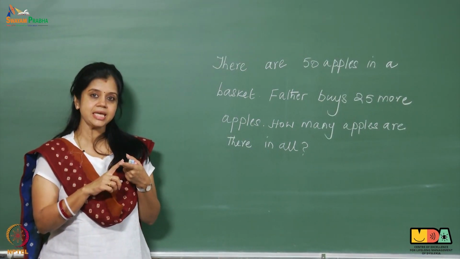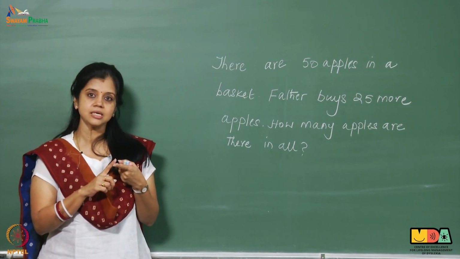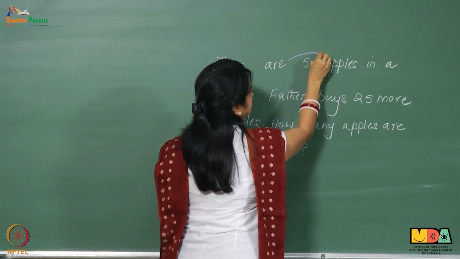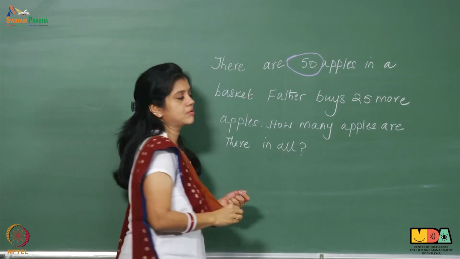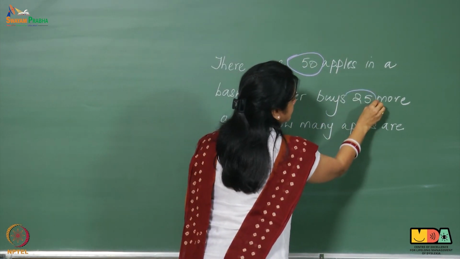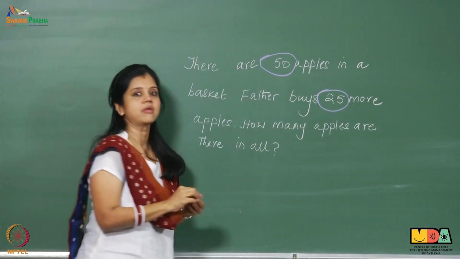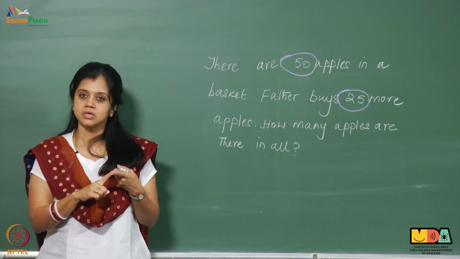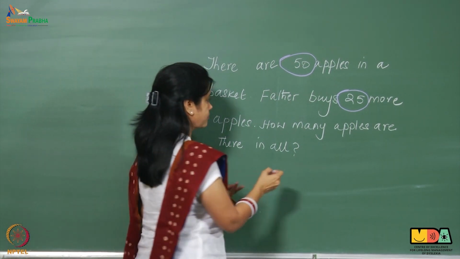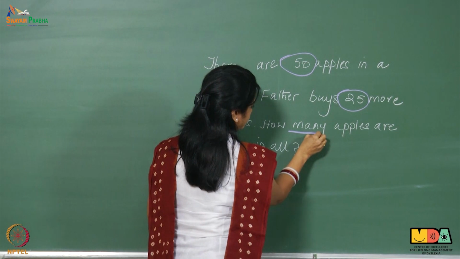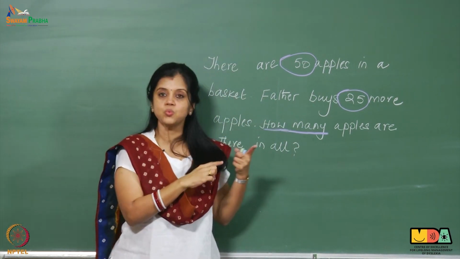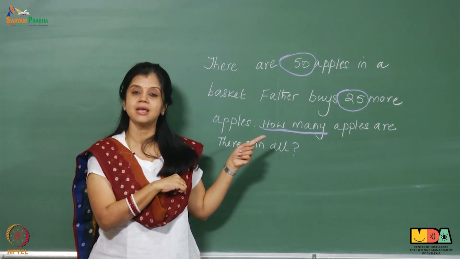First is C, that is circle the number. The next is U, underlining the keyword. The word that you see over here is many.